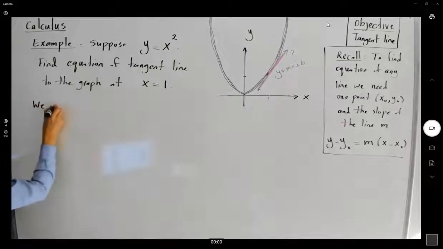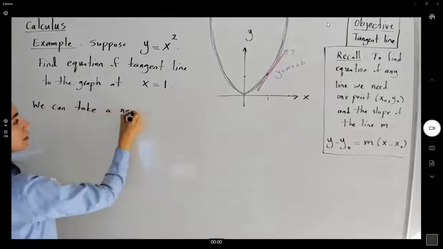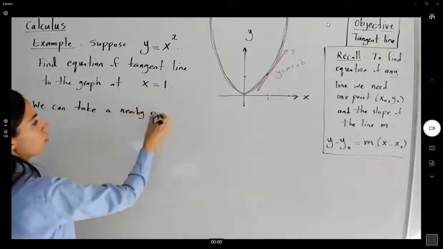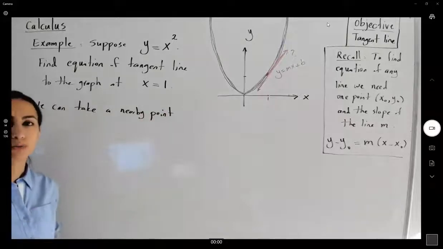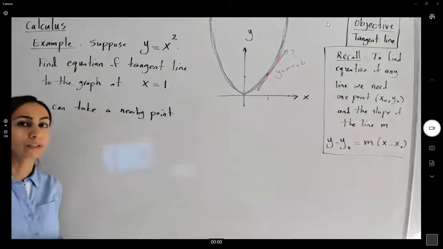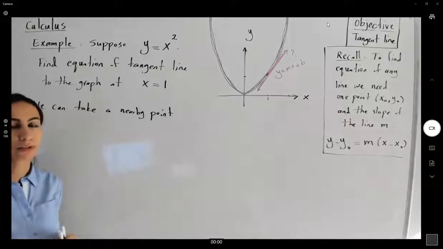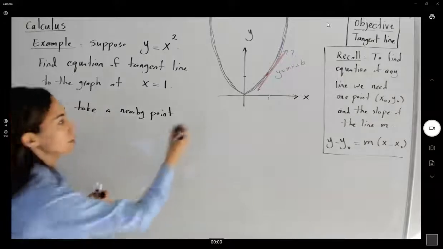We can take a nearby point, x equals 1.1, or you might say, why not take 0.9, close to 1 from left-hand side or close to 1 from right-hand side.